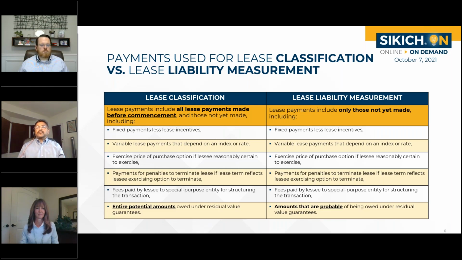Also, instead of including the entire potential amount owed under the residual value guarantee, which is the last item there, only amounts that are probable of being owed under the residual value guarantee are included to calculate the lease liability. All right, so only two differences. One is that only payments not yet made are included, and then the amount probable of being owed under residual value guarantee is included.